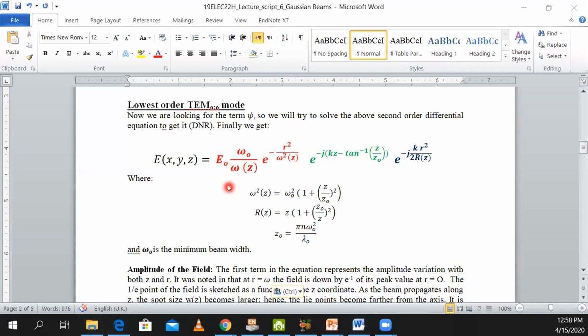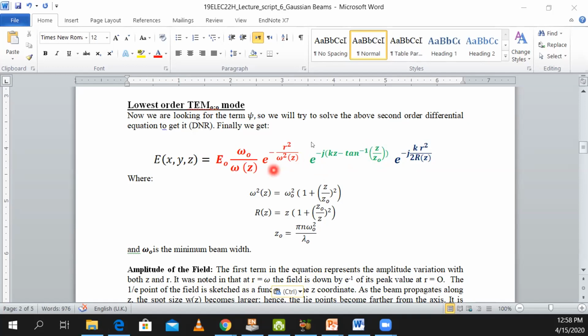If you look at this equation, you will find an amplitude and three exponential terms. Two of these three exponentials are e power minus j, which, as we know mathematically, is an indication of a phase change. So the green term and the blue term are phase changes in the electrical field.